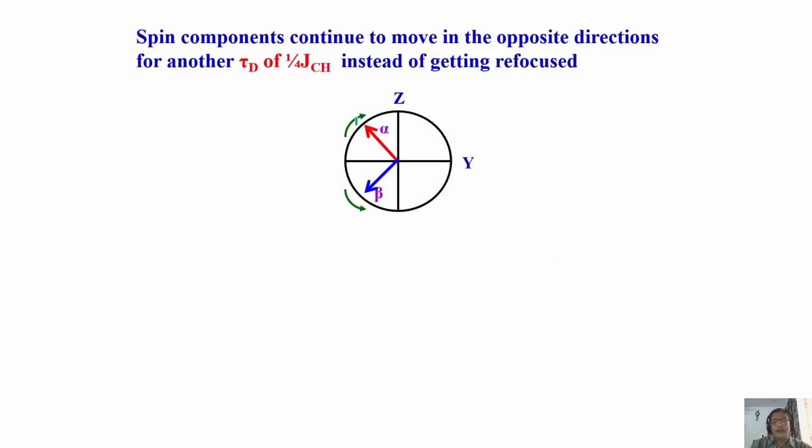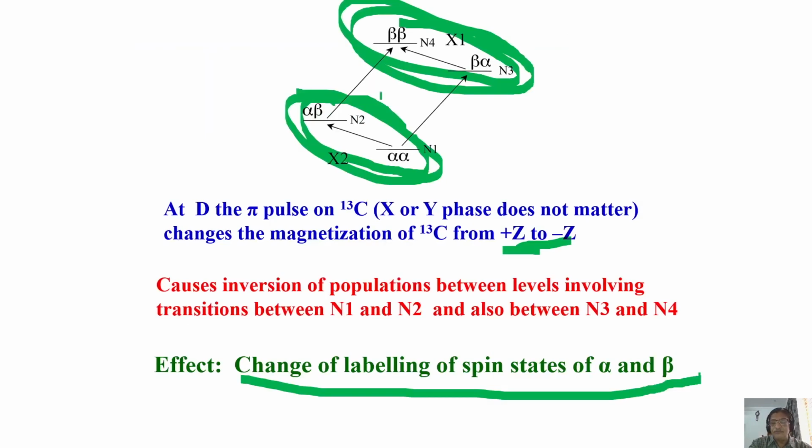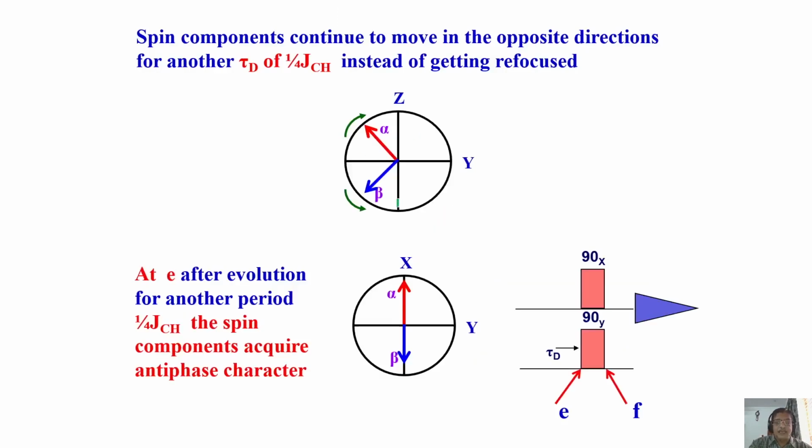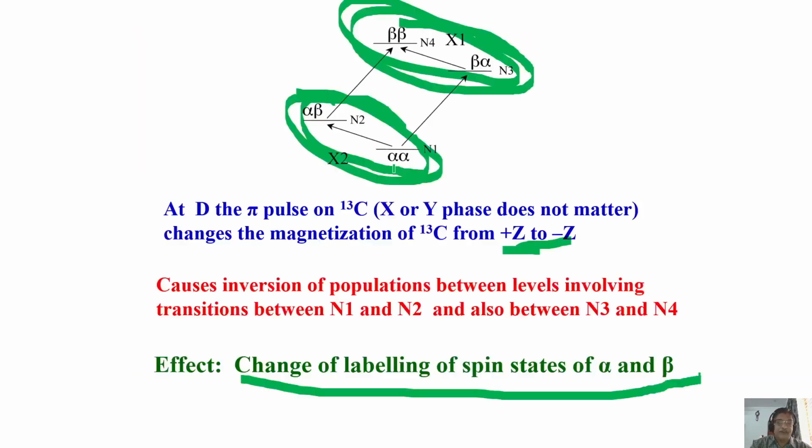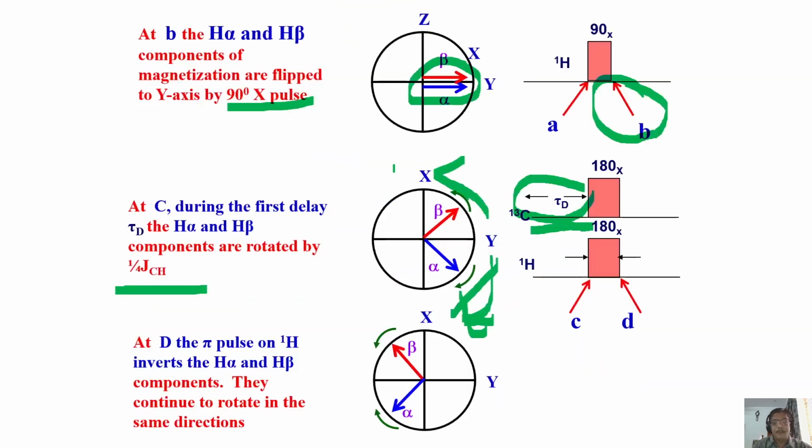So the spin components continue to move. What did we do? By inverting carbon 13, we interchange the labelings of spin states of proton. So it started moving in the opposite direction. I remember before that they were coming here.